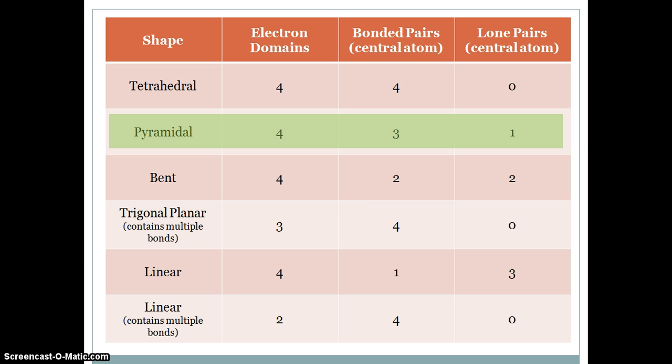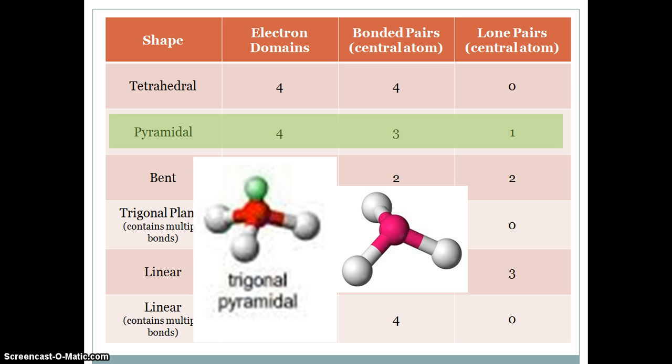The next one is pyramidal, or trigonal pyramidal. It also has 4 electron domains, but of those 4 domains, only 3 of them are bonded, and so you will have 1 lone pair. If you look at this picture here, it's showing the lone pair of electrons. That's this little green section here. But when we're talking about the shapes of the molecules, even though these lone electrons, this domain, does affect the shape, we don't actually include it in the drawing of the molecules.